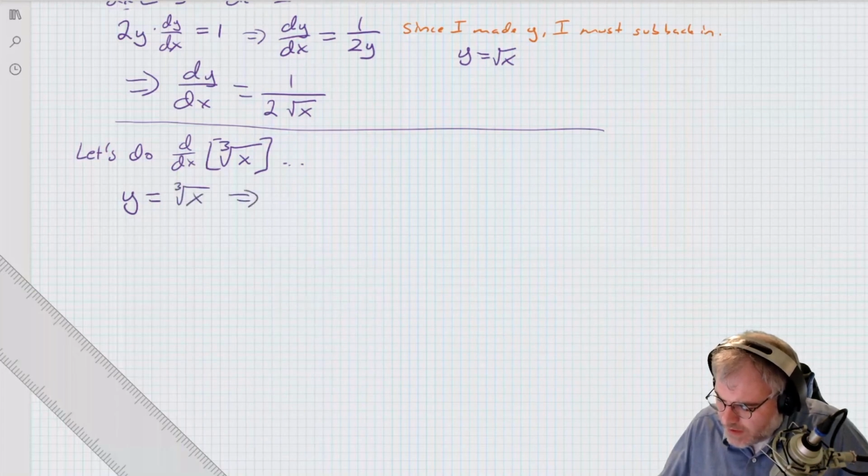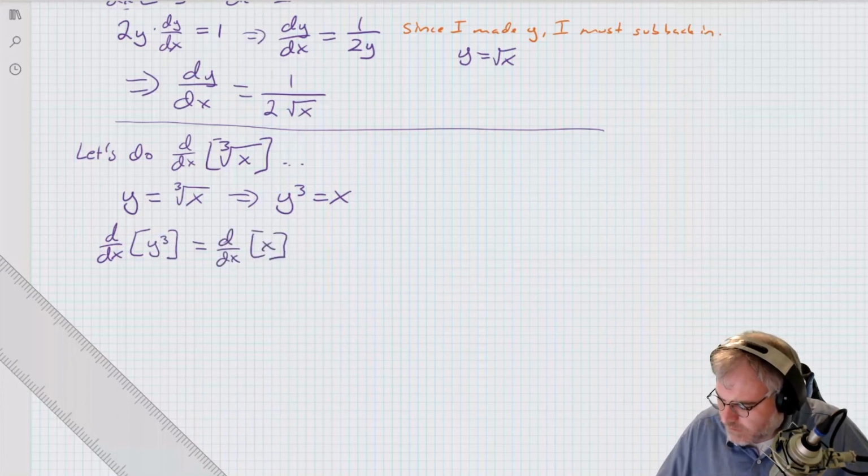And that means that I cube both sides, I get y cubed equals x. Take the derivative of both sides, I get d over dx of y cubed equals d over dx of x. Very nice.